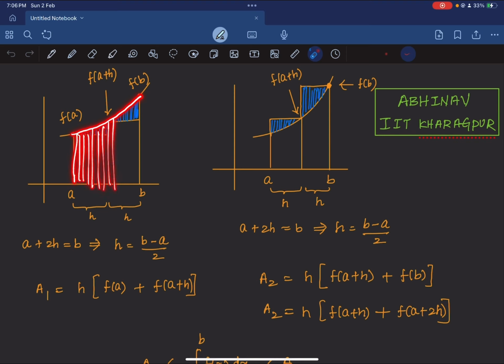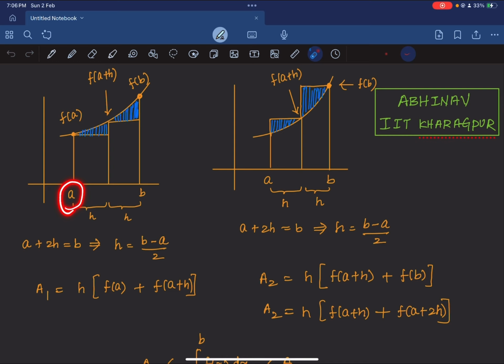Instead of finding the entire area, let us make two rectangles. This is one rectangle and this is one more rectangle. The idea is to find out the area of this particular rectangle and the area of this particular rectangle, and then sum up those two areas. All right. So this is the idea.